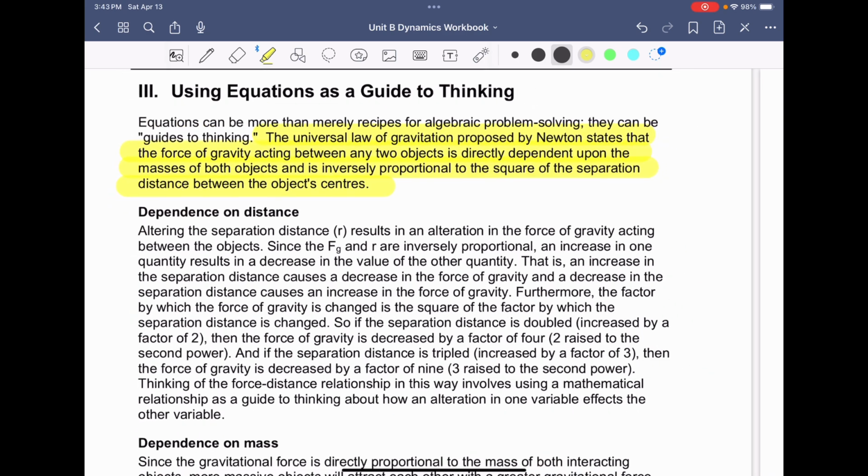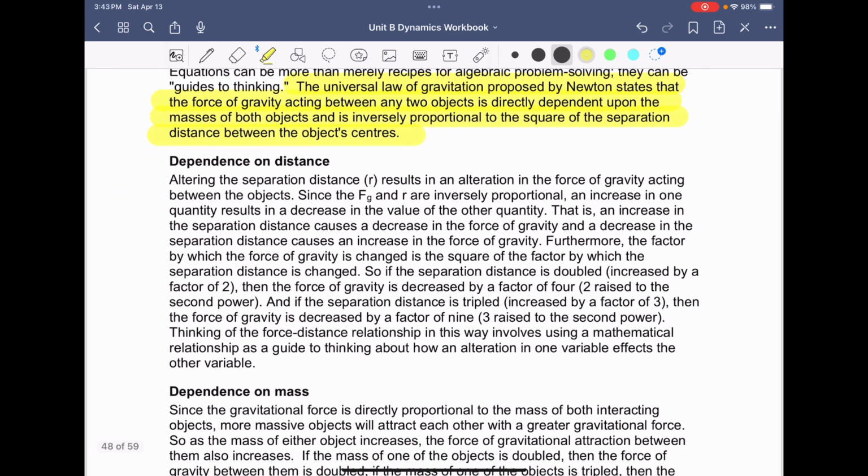To further provide clarity on the dependence on distance, just like we said in the past, let's say I double my separation and increase it by a factor of 2. This means the force is decreased by a factor of 4, because it's going to be 1 over 4.